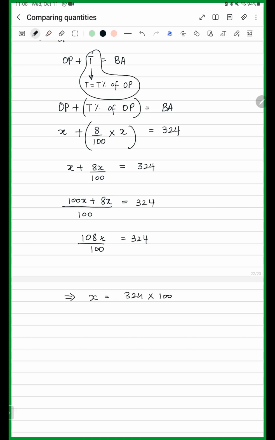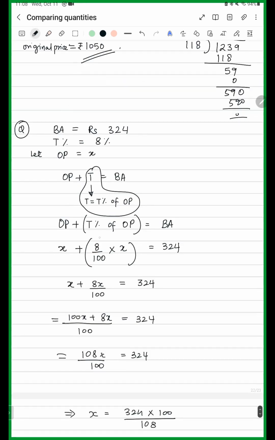One very common mistake that students make, and I'm telling you so that Hiba, you please don't make this mistake. They write it like this. Everything they just write equal to, and then over here in place of x, for example, if they want to write t is equal to t percent of OP, then this will become equal to something else.